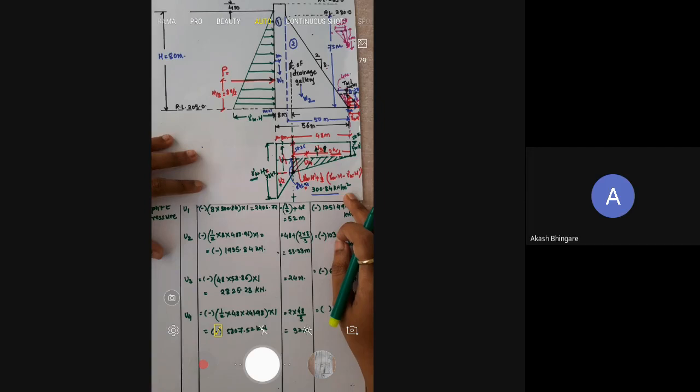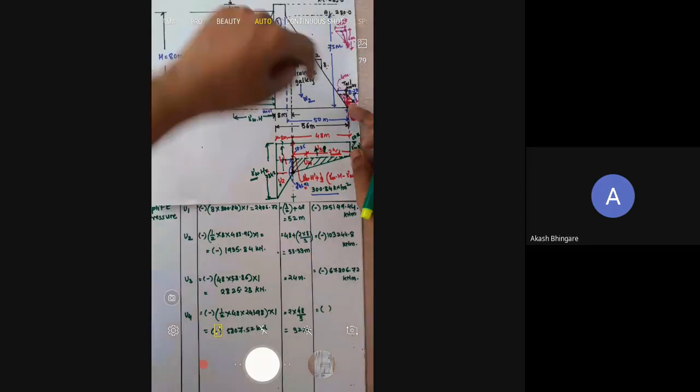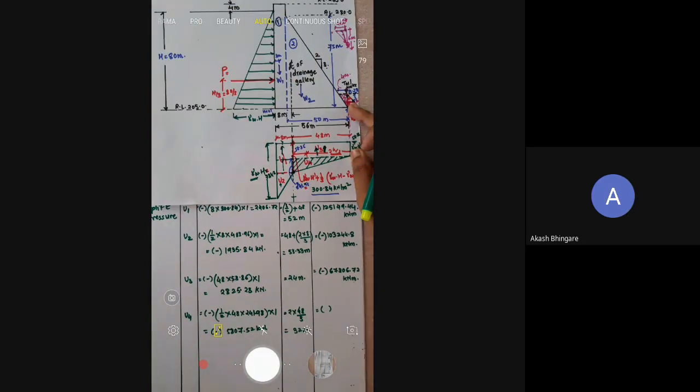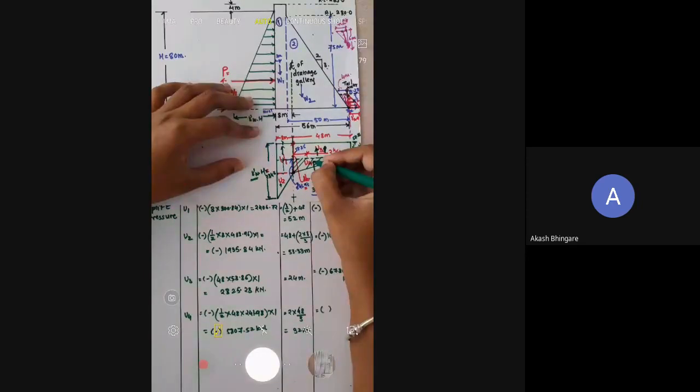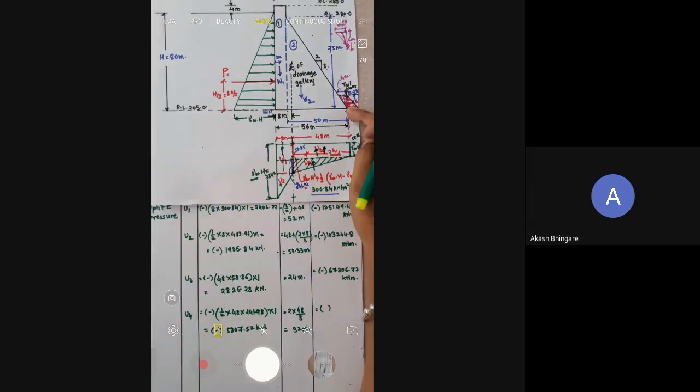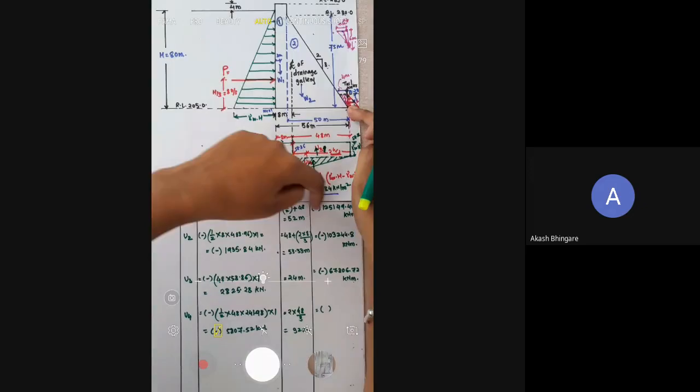Again force creating a moment in which direction? Clockwise or anti-clockwise? See, about toe you have to take a moment and U4 is again acting in vertically upward direction. So take this as the pivot point. Try to rotate it. So it will be a clockwise moment.